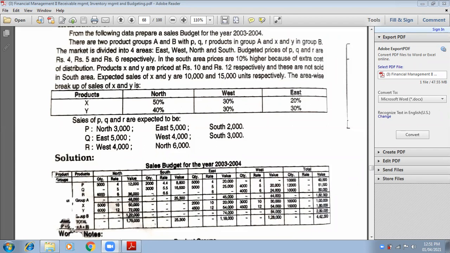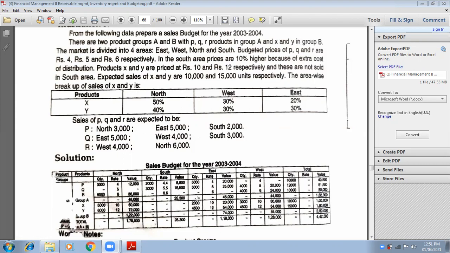Very good. And what is the total amount? 16,500 in south, 25,000 in east, 20,000 in west. So get me the total of the amount column of product Q. 61,500. That's the last column. Value 61,500.